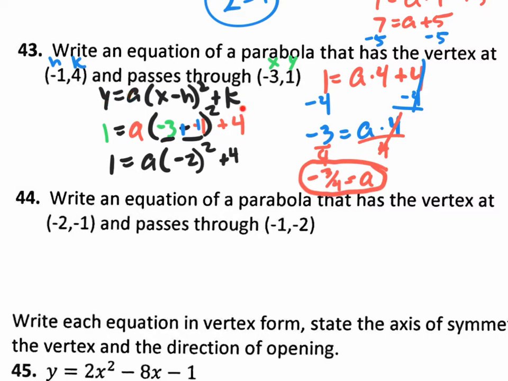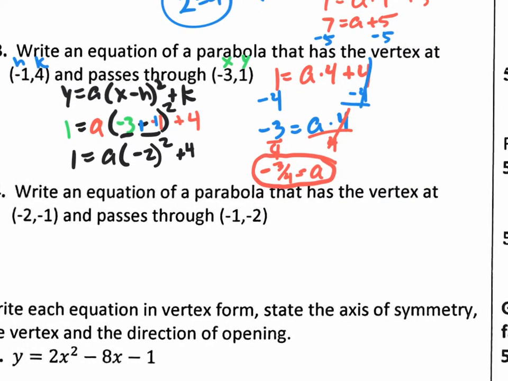So to write an equation in vertex form, you needed the a value, which we know is negative 3/4, and also the h and the k, which was given to us right here. So my answer of this equation will be y equals the a value, negative 3/4, parenthesis x minus h, which is a minus negative 1, which ends up being a plus 1 squared, plus k, which is a plus 4.